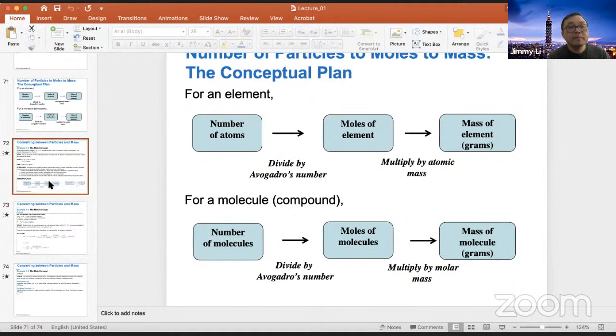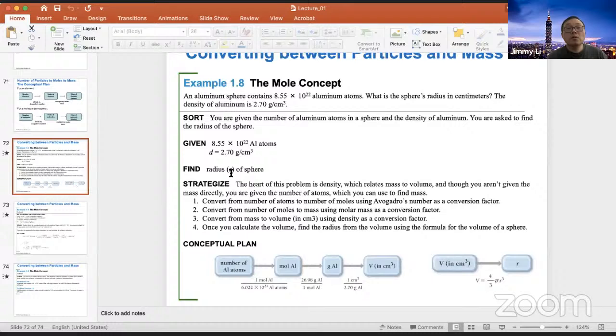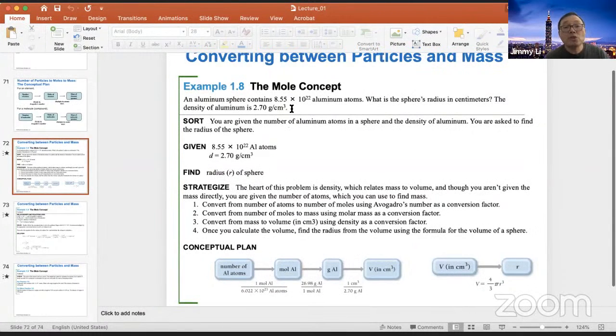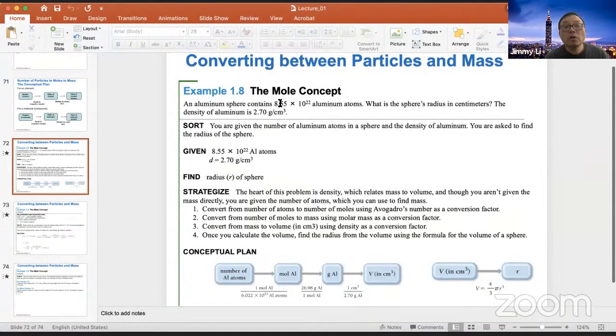Okay. Let me give you one example here. You are asked to convert 8.55 times 10 to the 22nd aluminum atoms.